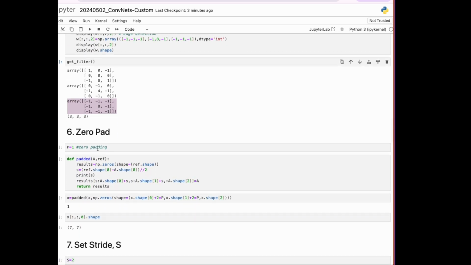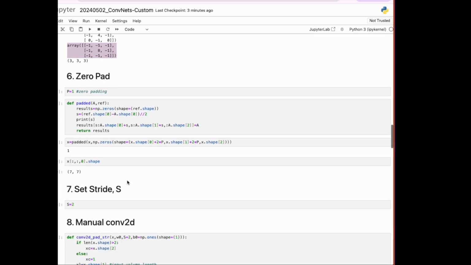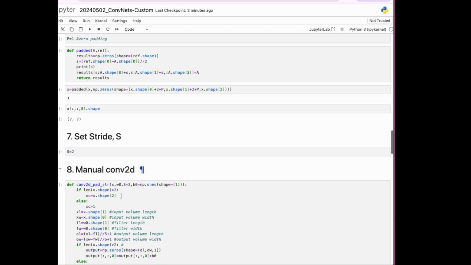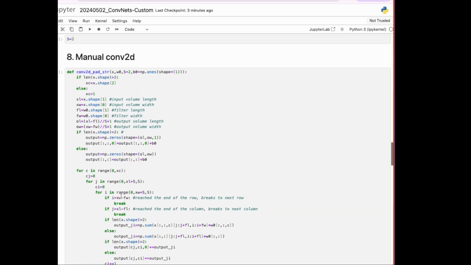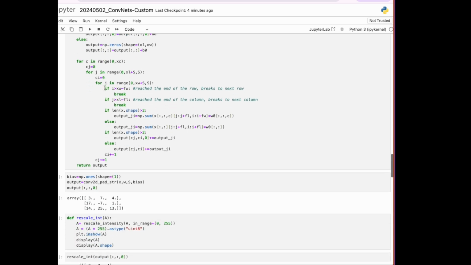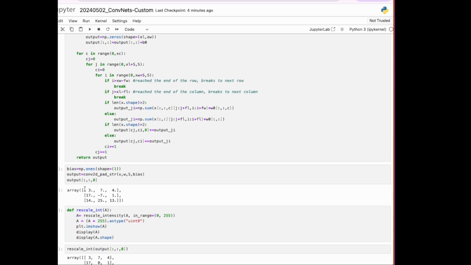Okay, so we have 0 padding, and the stride is going to be 2, so 2 steps every time. And this is the way to perform what we just did manually. The result is this matrix.